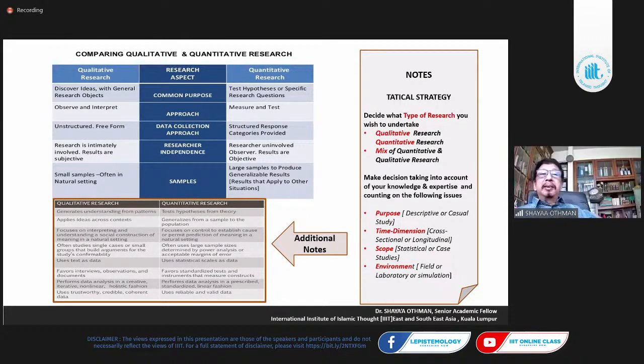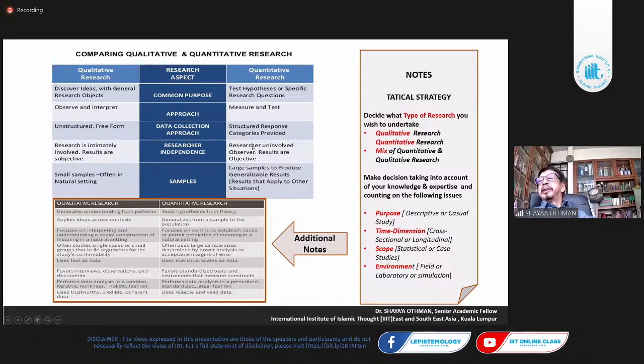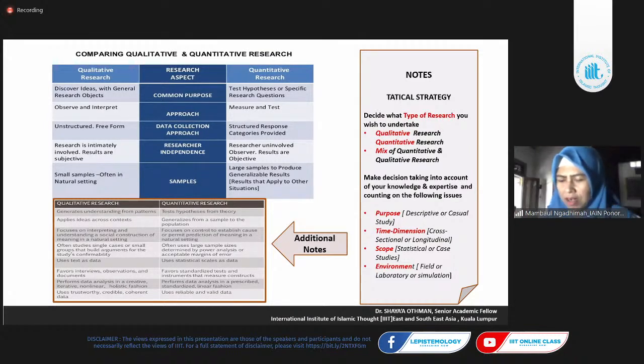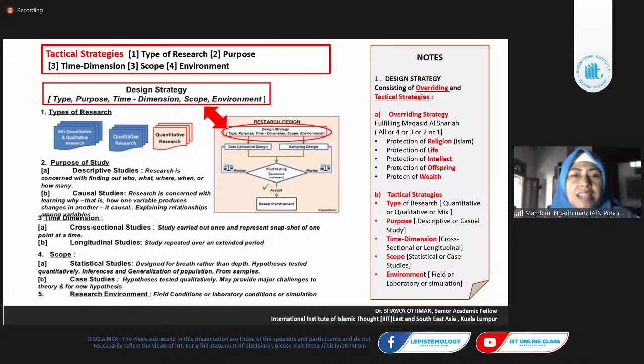Okay, any other? So in this case, we're talking of qualitative research. A common purpose here, when we look into it, we can discover basically. There's a question. Yes, one question. Sorry, I want to ask about the slide before this, Professor, about the research design strategies.